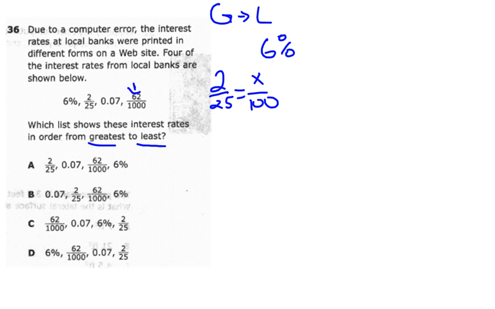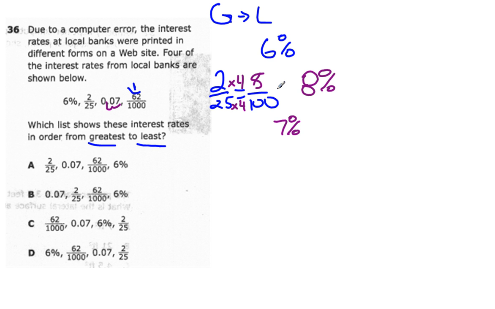How do we get from 25 to 100? We just multiply it by 4. So 2 times 4 gets to be 8. So we have 8%. You can do this. Then we have 0.07. If we move our decimal 2 places over, we get 7%.